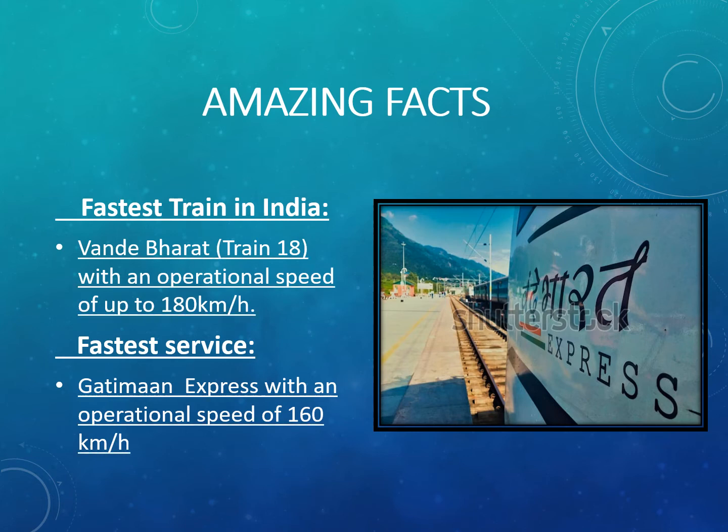The fastest train at present is the Vande Bharat or Train 18 with an operational speed of up to 180 km per hour, though the fastest service train is Gatiman Express with an operational speed of 160 km per hour and average speed of 113 km per hour on the Delhi-Agra section, since the routes used by Train 18 are capped at 130 km per hour for safety reasons.